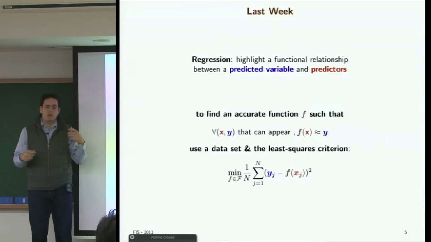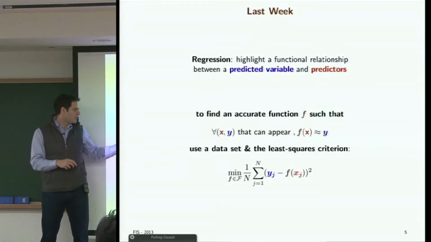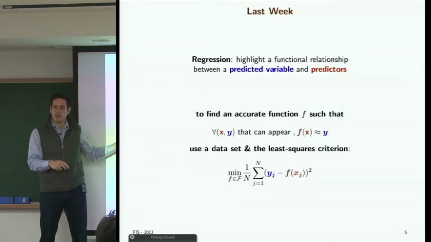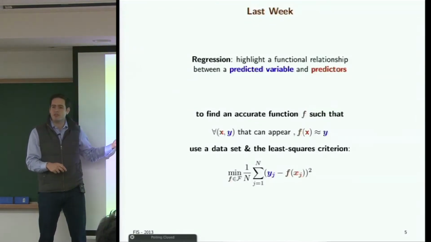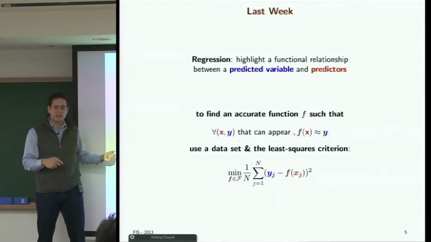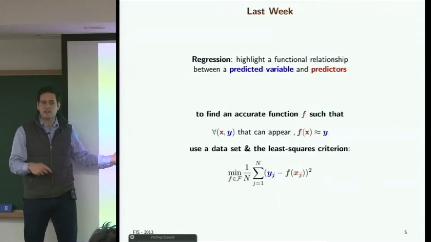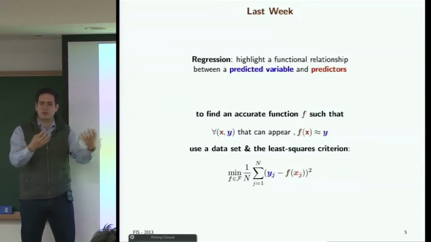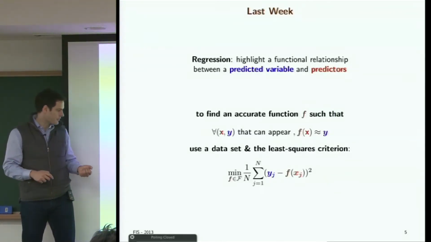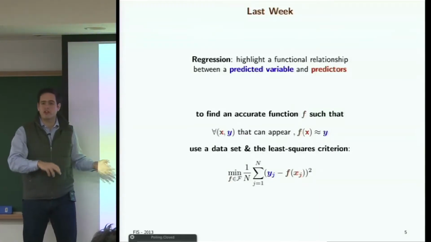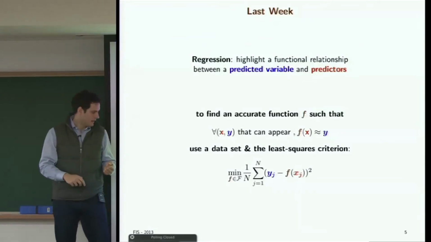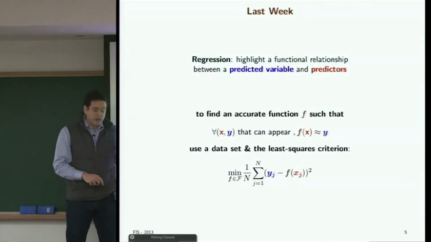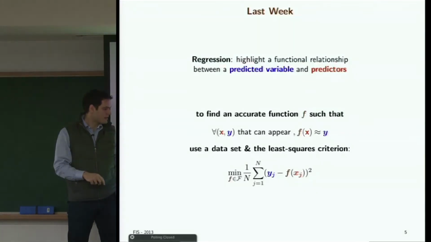We formulated the problem as: if you want to find an accurate function f, such that being given only half of the story, you can guess the other half approximately, then using a data set of pairs of examples that someone has collected in nature, find a function within a function class that you have pre-selected, this big F, such that this particular choice minimizes this function.